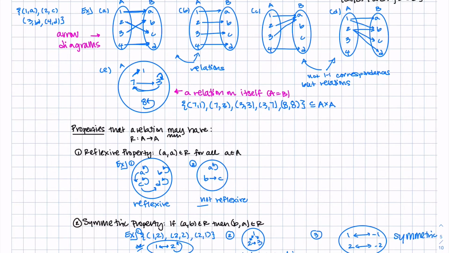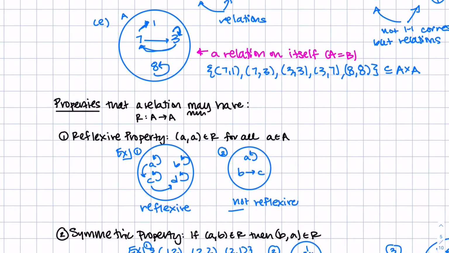One property that we can talk about that a relation may have is it may be reflexive, or it may not be. And we say a relation is reflexive if A comma A shows up as part of the relation for every element in my original set. So notice I actually saw that in my example E here.